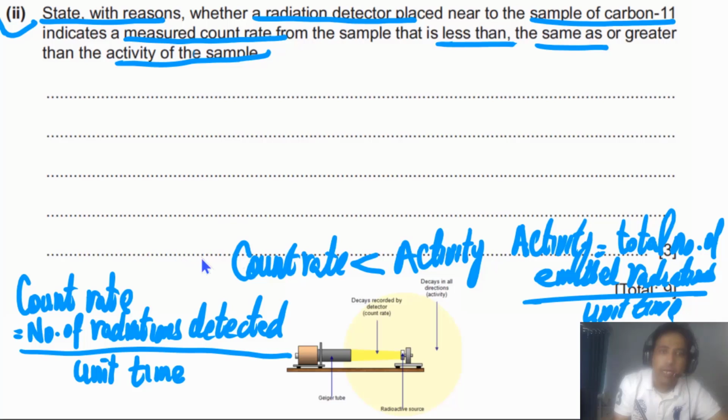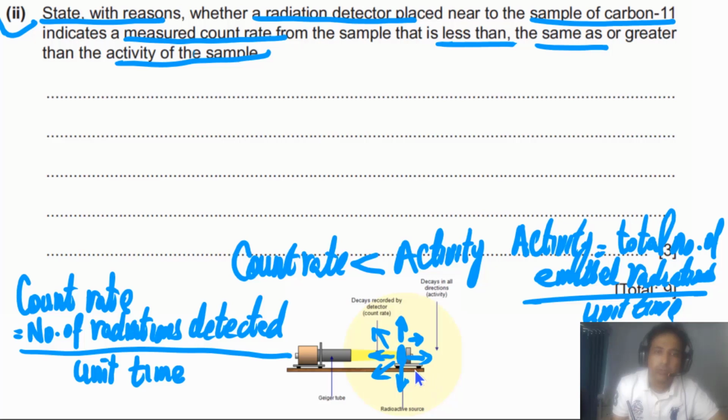Now we need to understand why count rate is lower than activity. In this case, we have this sample, a piece of radioactive substance. It will emit radiations in all possible directions. It will emit radiation this way, this way, this way, and this way.